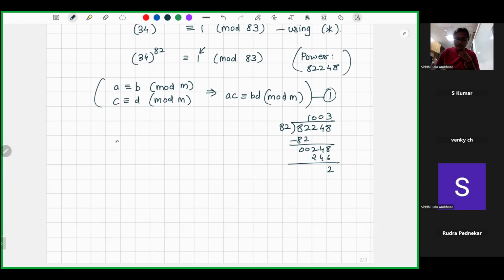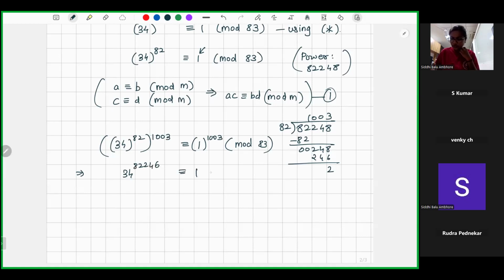So 34 power 82, whole power 1003, is congruent to 1 power 1003 mod 83, and with 2 remaining I get 34 power 82246, which is congruent to 1 mod 83.